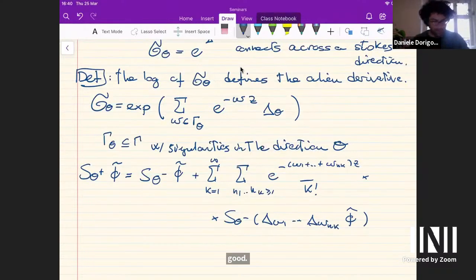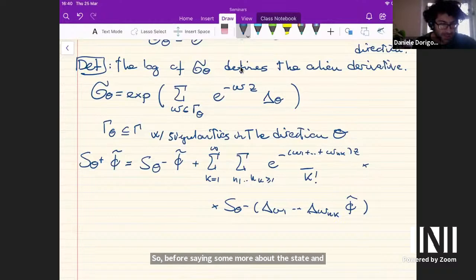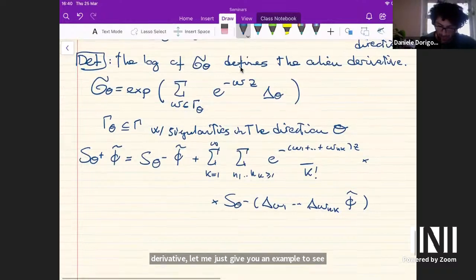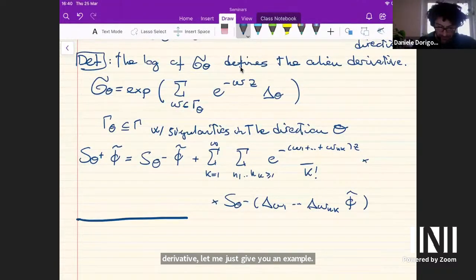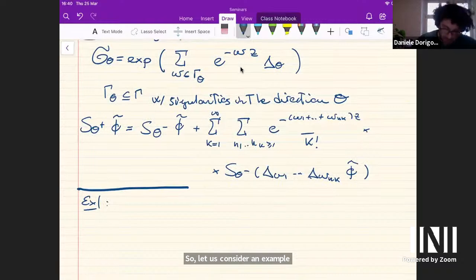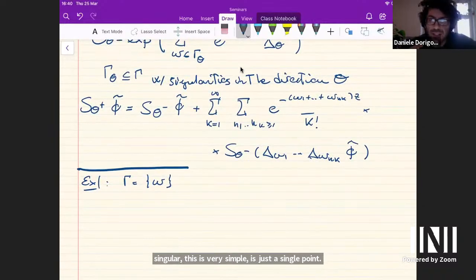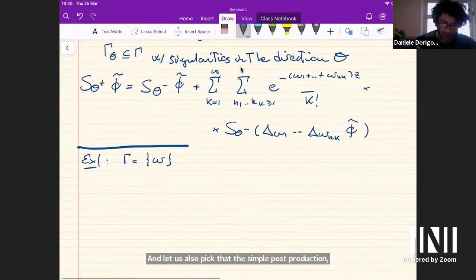So before saying some more about this alien derivative, let me just give you an example to see precisely what is going on. Let us consider an example in which the set of singularities is very simple. It's just a single point. And let us also take that the simple pole structure, the simple singularity structure, holds everywhere in the complex plane minus this point.